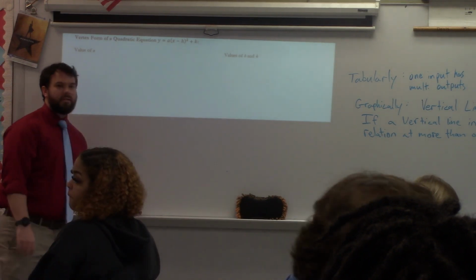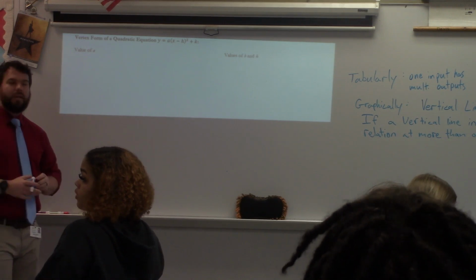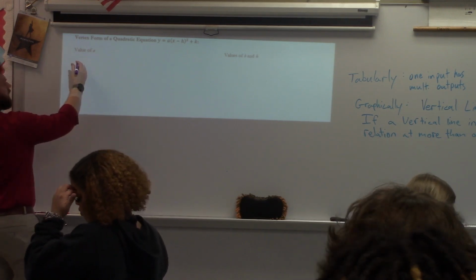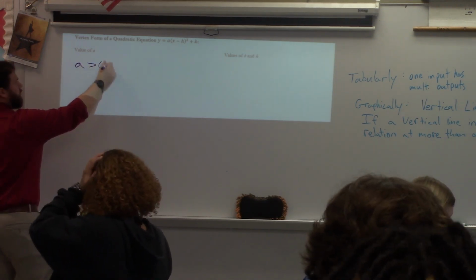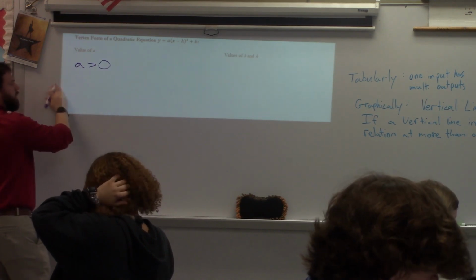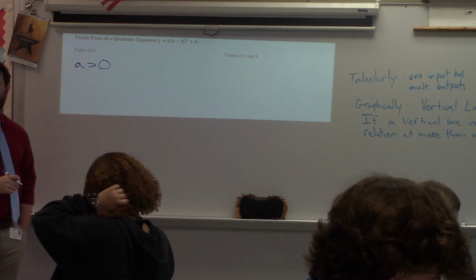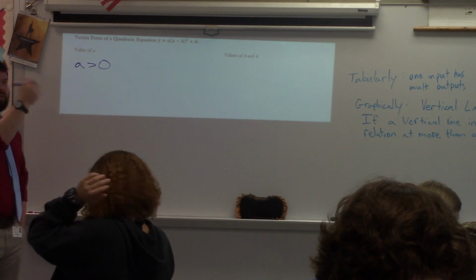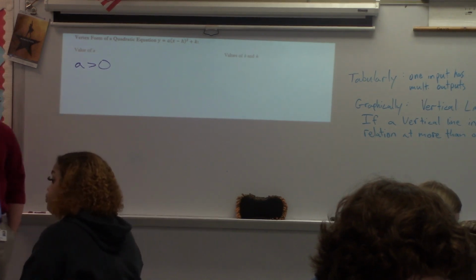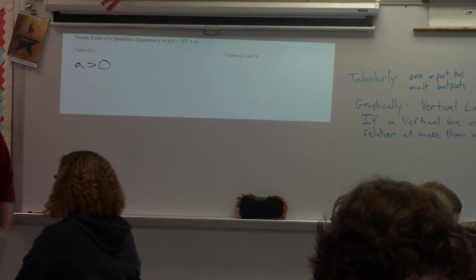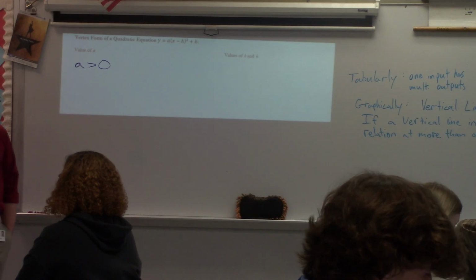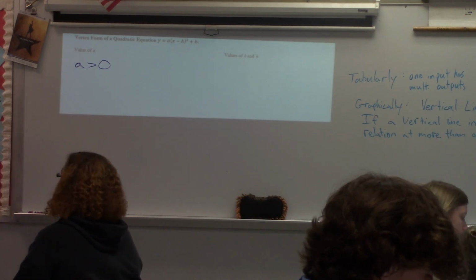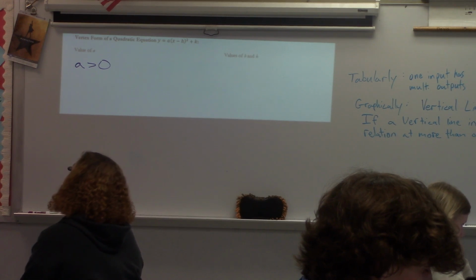One thing I will say is, an easy way to indicate A being positive or negative is this. What does that inequality say? A is greater than 0. What numbers are greater than 0? Positives. So if I'm talking about positive numbers, I can just say A is greater than 0.